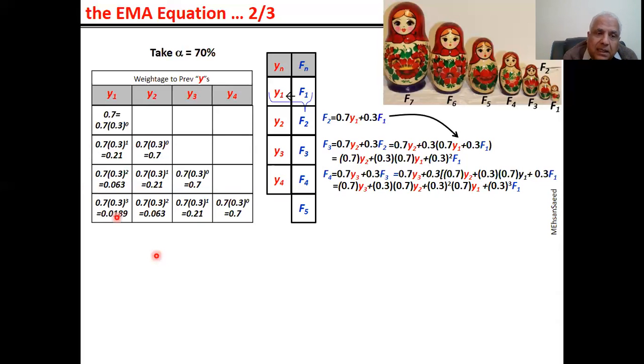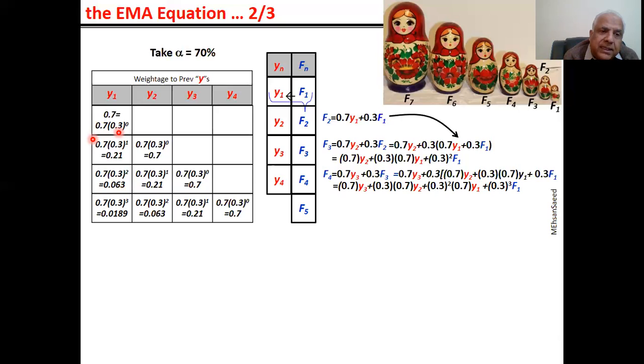So if you are asked why exponential moving averages are called exponential moving averages, the answer is the weightage given to the past data reduces exponentially, as seen over here, from 70% to 21% to 6.3% to this. And exponentially, you can say 0.3 raised to the power 0, 1, 2, 3.